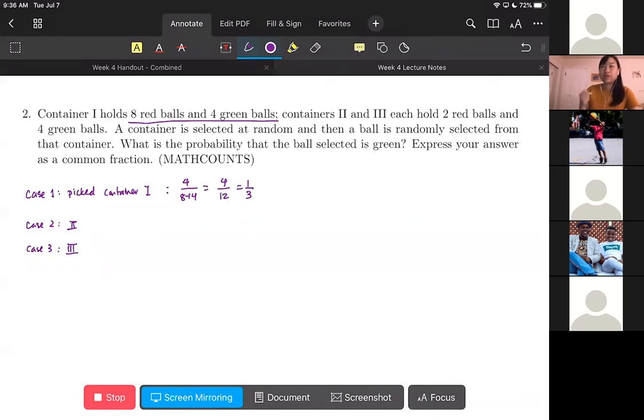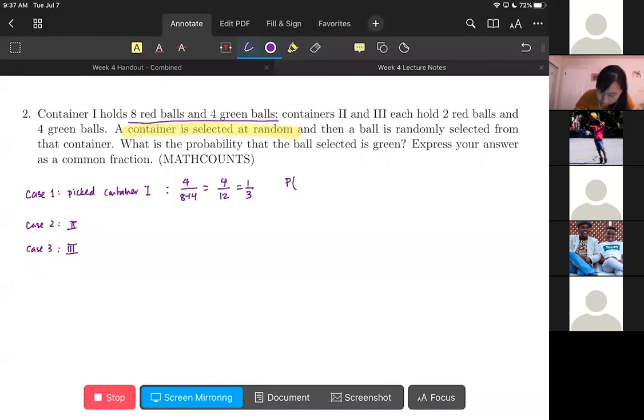However, there's this first step, which is that we first select a container at random. So what's the probability that I pick container 1 in the first place? 1 over 3, right? So now we want to calculate the probability. Let me write this out.